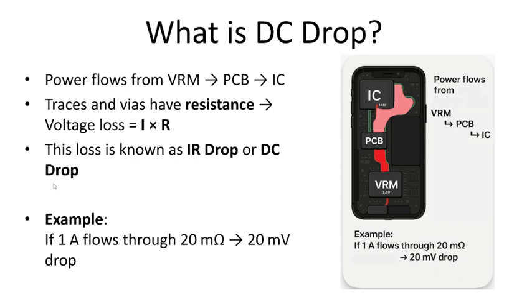So now, what is DC drop? Many people think that power is just a voltage number, right? Like in a household in India we have 240 volts, in the US it is 120 volts.